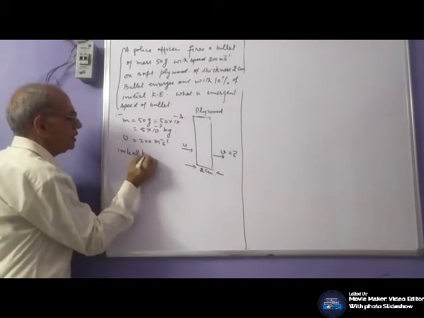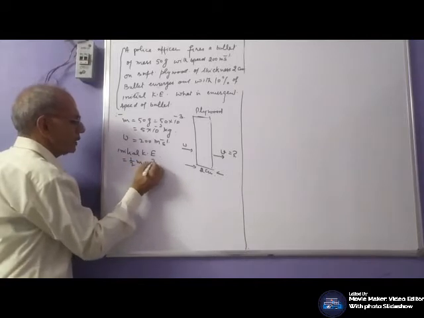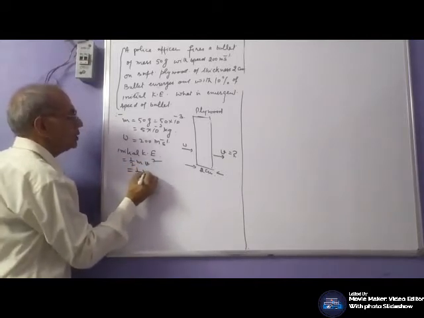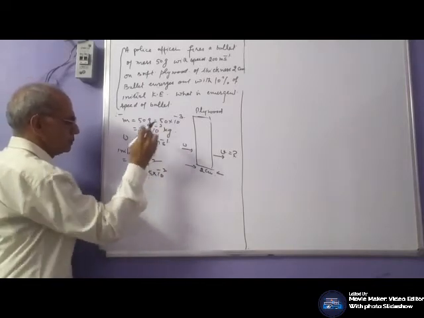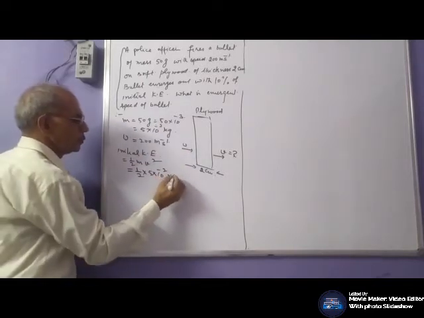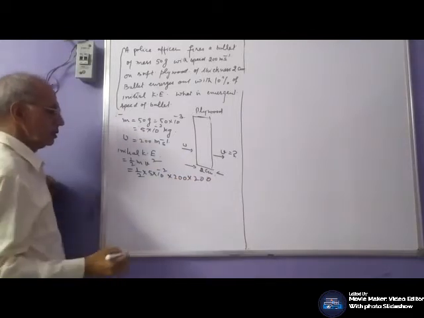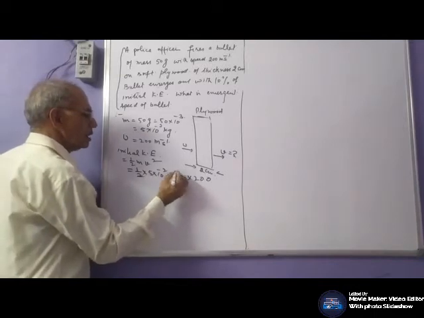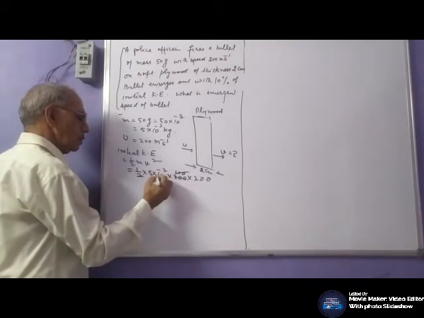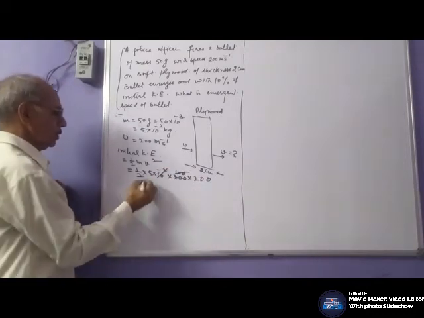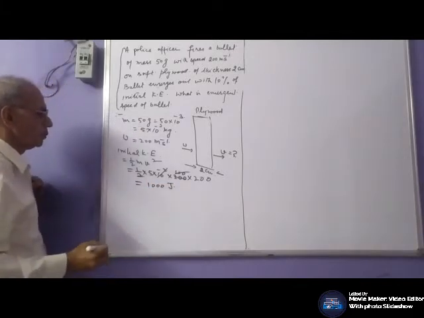Initial kinetic energy is half mv square. It is half, m is this, v square is this. It is 100. 100 goes with this. It is 1000 joule.